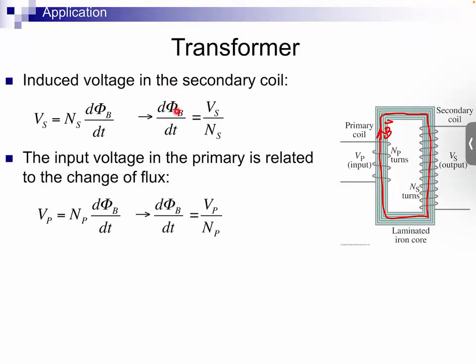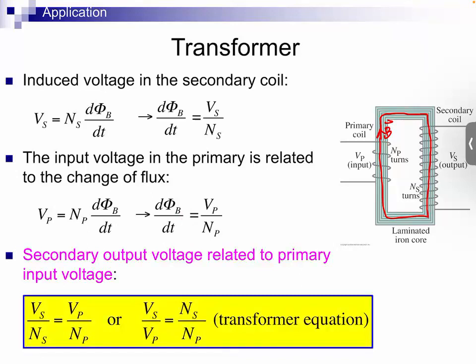Rearranging these two equations to isolate the change in magnetic flux with respect to time, these two expressions are equal. Hence, we have this equation, which is called the transformer equation: Vs over Ns is equal to Vp over Np.